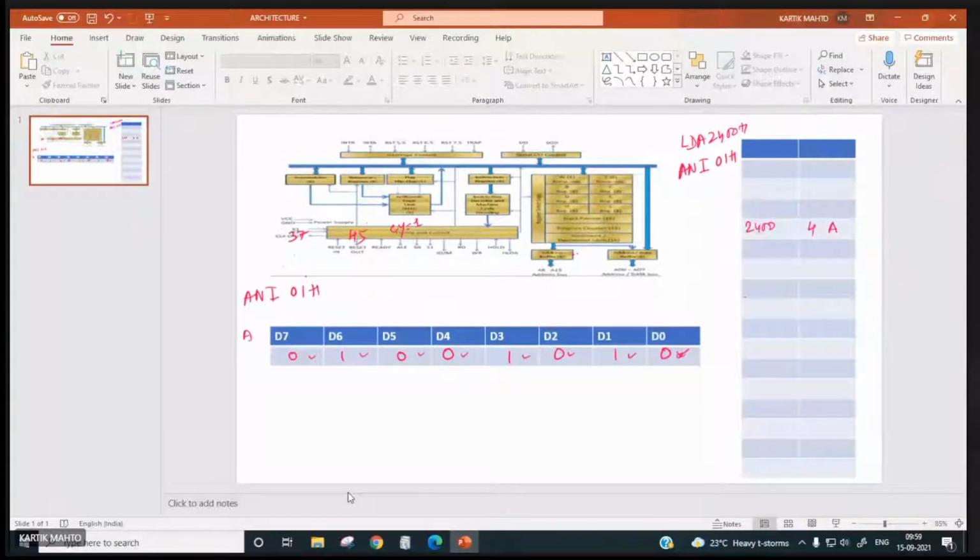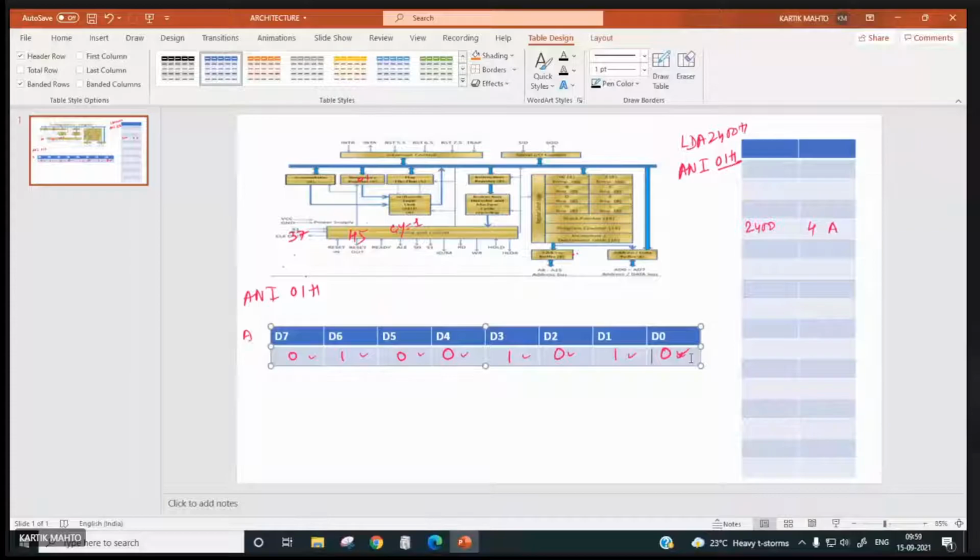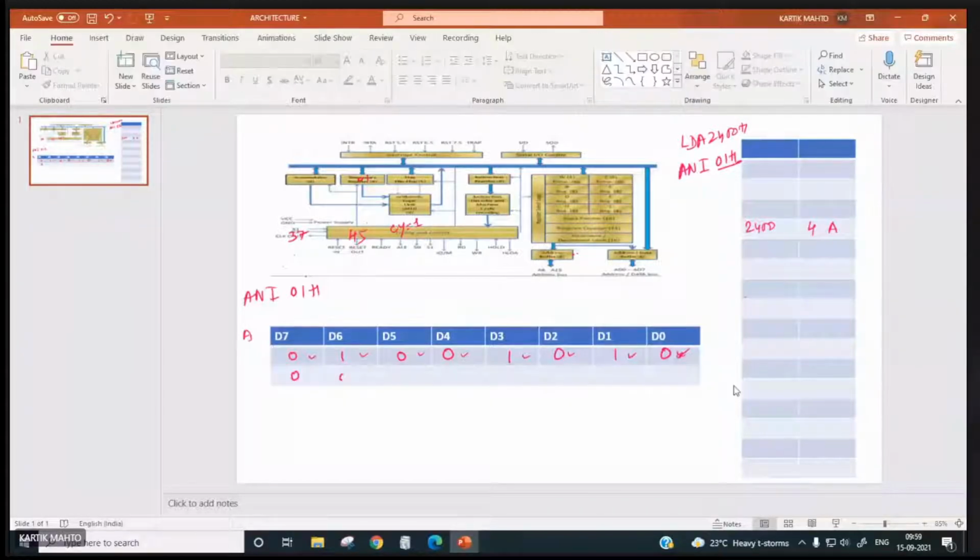So this 01H will be copied to the temporary register. Now A AND temporary will be done. So let us say this is our temporary register. Temporary register will be 0, 0, 0, 0, 0, 0, 0, 1. Now this will be our result.